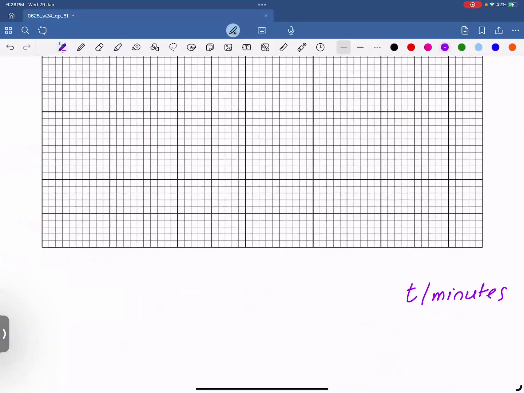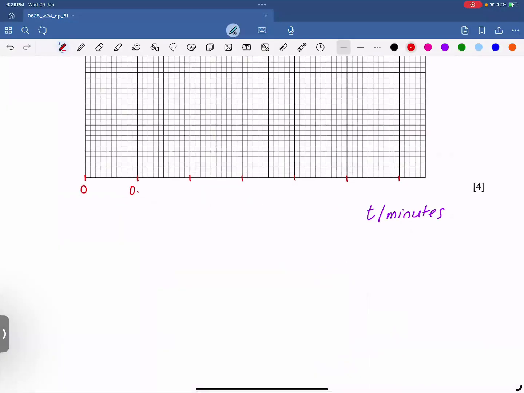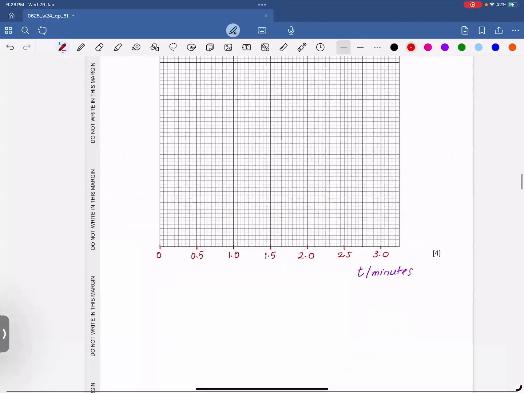So here you go, 0, 0.5, 1, 1.5, 2, 2.5, 3. So yeah, we will reach all of them. 0.5, 1.0, 1.5, 2.0, 2.5, and 3.0.